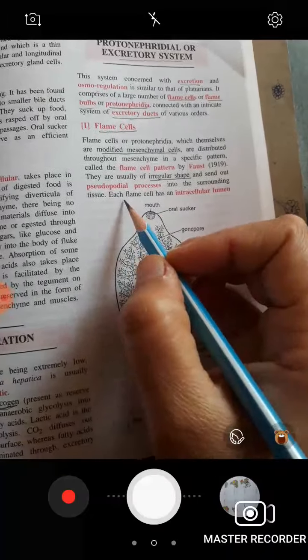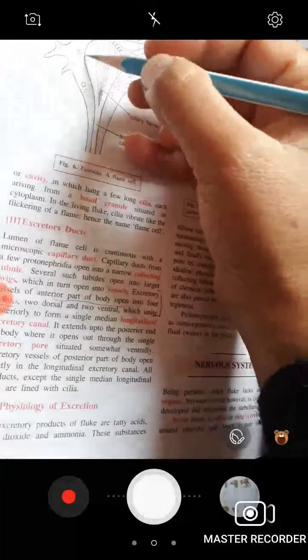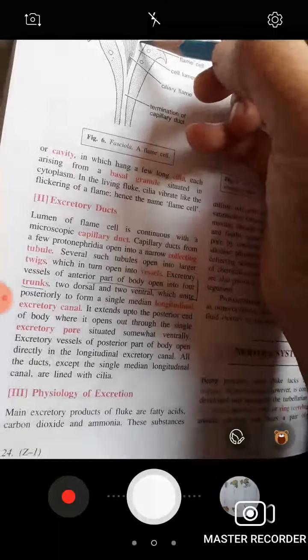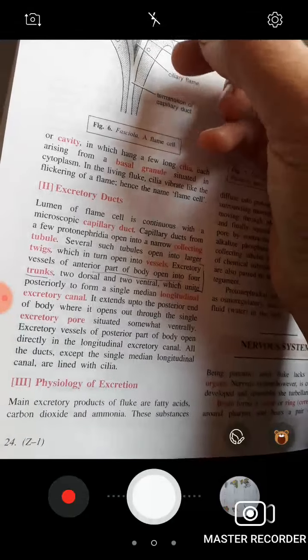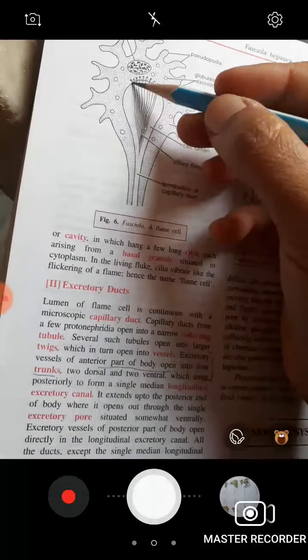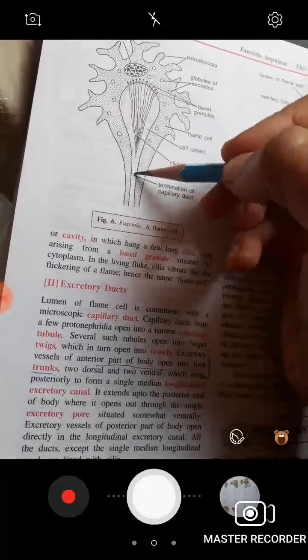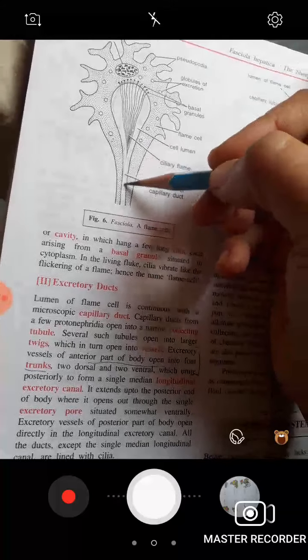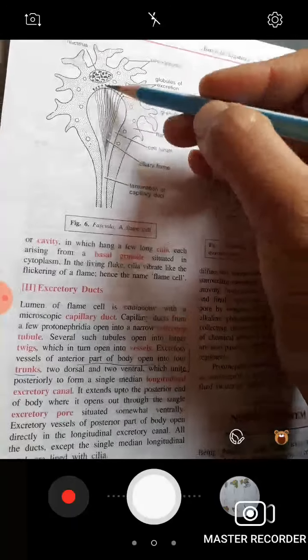Now each flame cell also has an intracellular lumen. Here you see, this white portion in this cell is the intracellular lumen, or the cavity of the flame cell, in which hangs a few long pair of cilia.